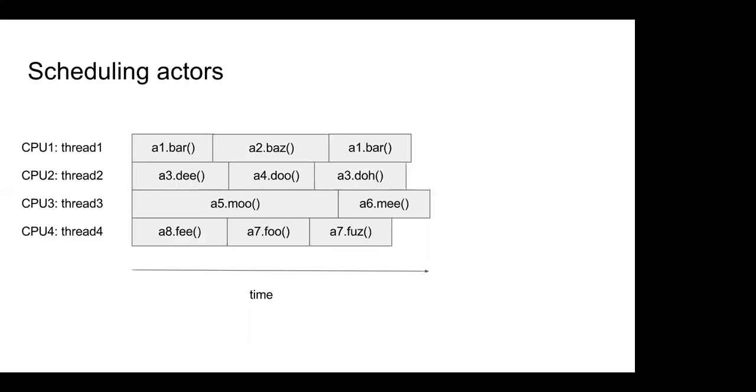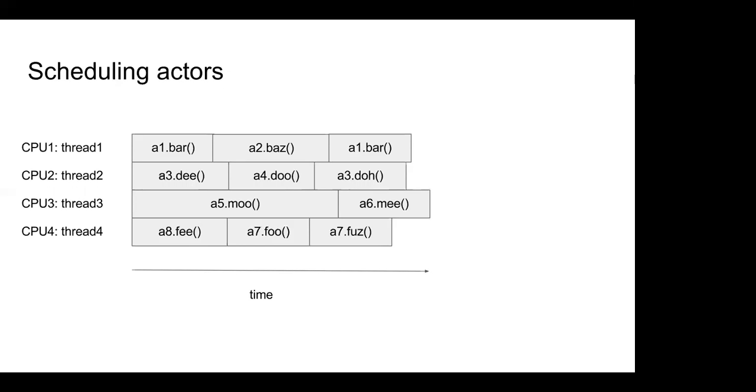So actors can be run in parallel. Actors are asynchronous, and so they're kind of executing on their own behalf. The way this is implemented in Pony, by default, you'll have one thread that gets started for each CPU that you have. And then those threads will execute one behavior at a time on behalf of an actor.